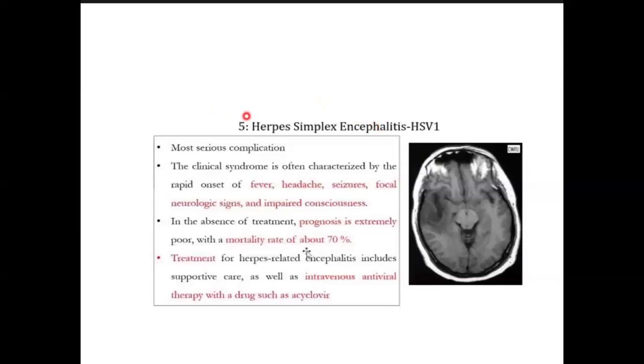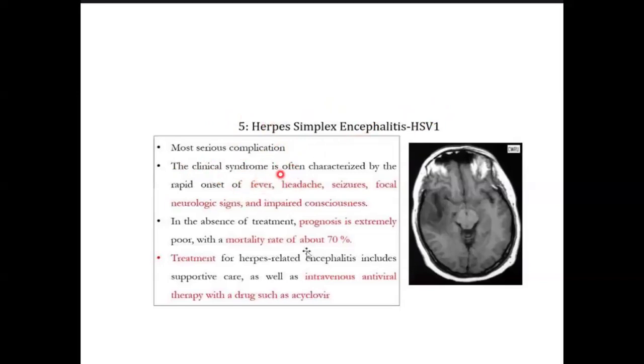Then we have herpes simplex encephalitis. It's usually caused by herpes simplex virus 1. Most serious complication, okay, for herpes simplex virus. So clinical symptoms, we have the meningitis symptoms. You're going to hear them.